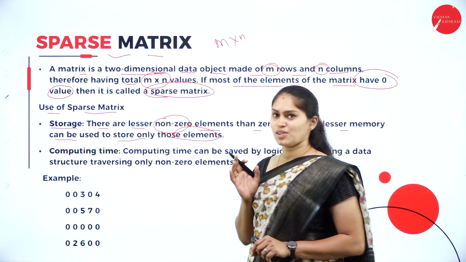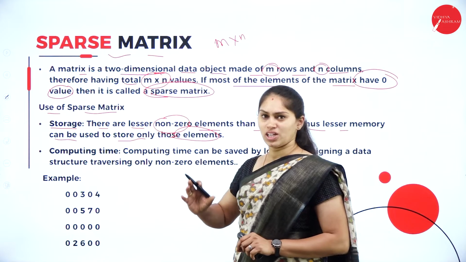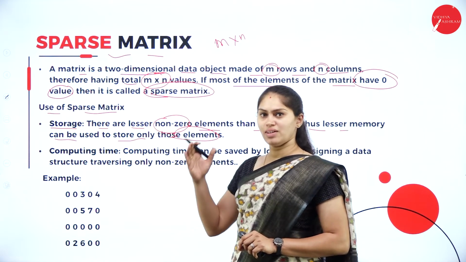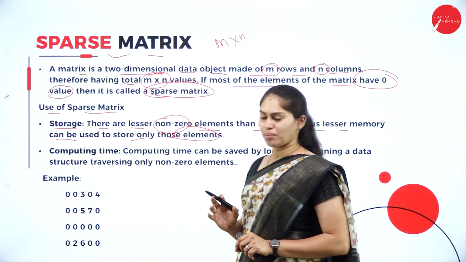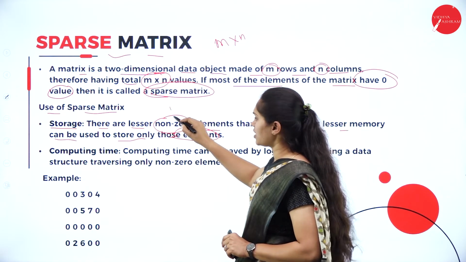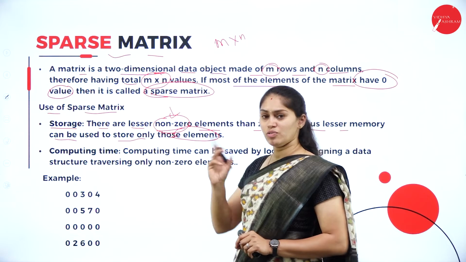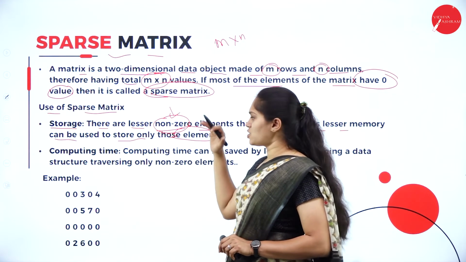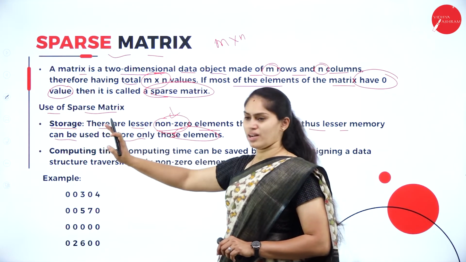In order to store the 0, we don't require a memory location. By default, 0 and 1 are the language of a computer, or binary. So we require memory space only to store the non-zero elements, which are other than 0. For that purpose only we require storage.